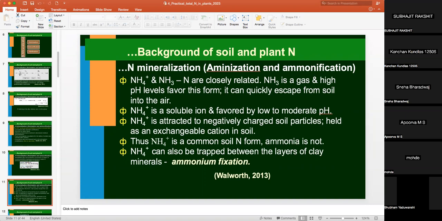Ammonium is a common soil nitrogen form. Ammonia is not, because ammonia is not going to stay in soil. There are only two ways for ammonia: either it will escape or it will convert to ammonium form. Ammonium can also be trapped between the layers of the clay minerals, which is known as ammonium fixation. This is discussed.